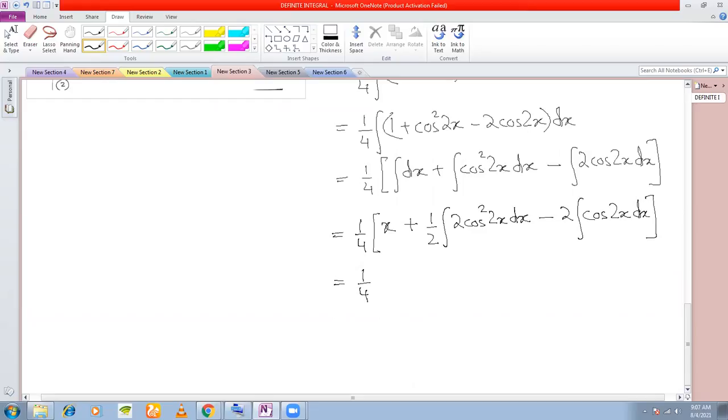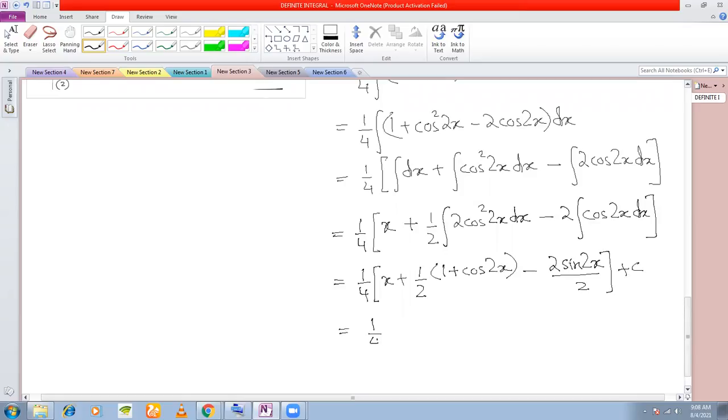So you get 1/4 x plus half, 2 cos square x can be written, from the multiple angle formula, as 1 plus cos 2x, minus 2 cos 2x can be written as sin 2x by 2, and you give a constant of integration.